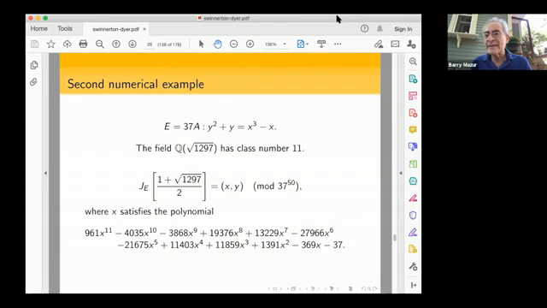Do you expect to get every class field of a real quadratic field as generated by some collection of real multiplication points?